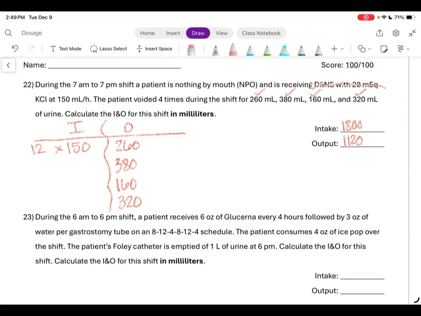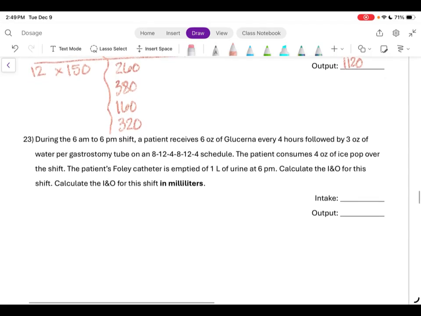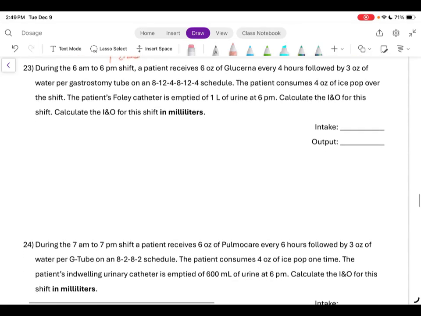Okay? All right, we're almost done with these. All right, we have another schedule one. I'm gonna write it out. 8, 12, and 4. Okay.